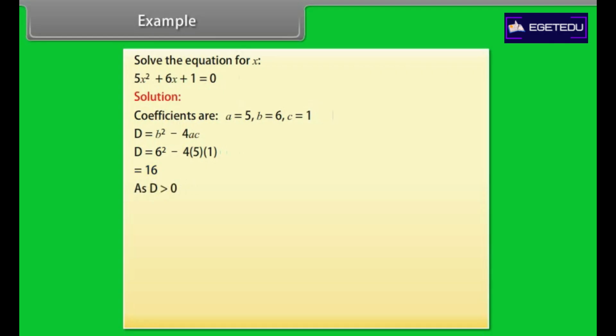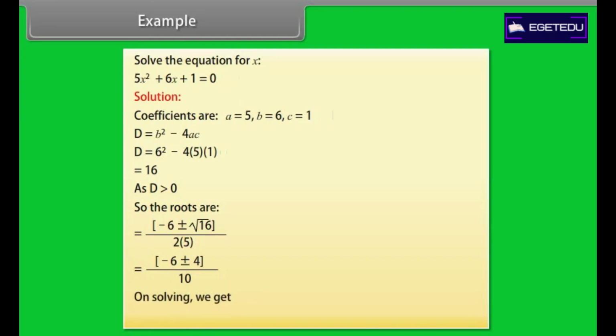As D is greater than 0, so the roots are x is equal to minus 6 plus minus under root 16 by 2 into 5, is equal to minus 6 plus minus 4 by 10. On solving, we get x is equal to minus 1, minus 0.2.